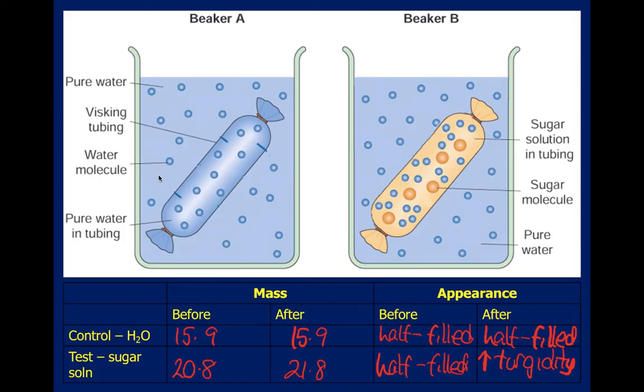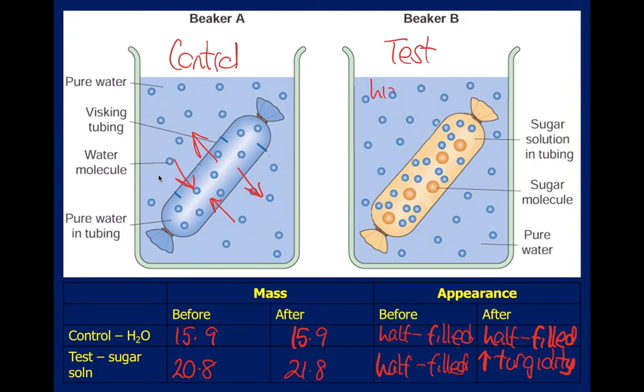And if you want for yourself, so here the mass before and after doesn't change in our control. And what that means is that there's water moving in, but it's also moving out at the exact same rate. There's no change. Whereas in your test sample with your sugar solution or your salt solution or whatever it is, so again we just go back.